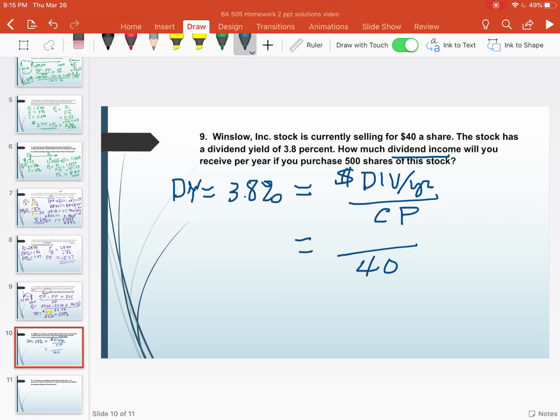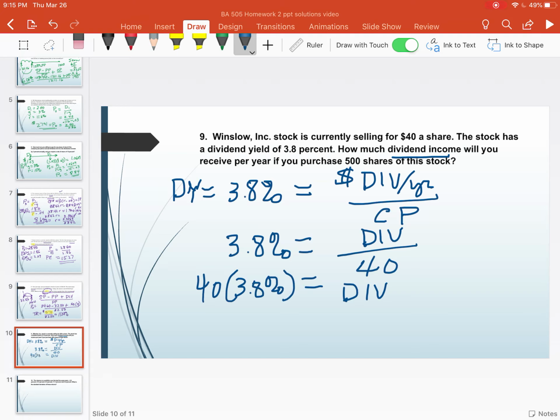We do know the dividend yield and the price. So if the dividend yield is 3.8% and we're solving for the dividends, we just multiply 40 times 3.8% to solve for the dividends per year.